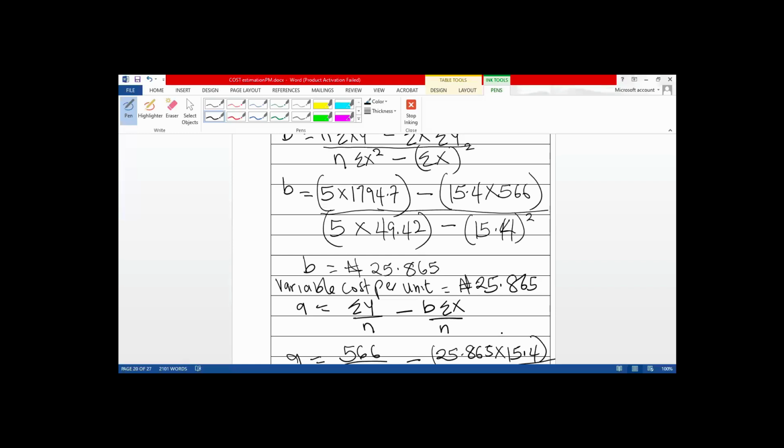We only divide x and y by 1,000. So we need to return that 1,000 back to our fixed cost. In summary, if you are calculating, you don't have to multiply your variable cost by 1,000, assuming you have scaled down.